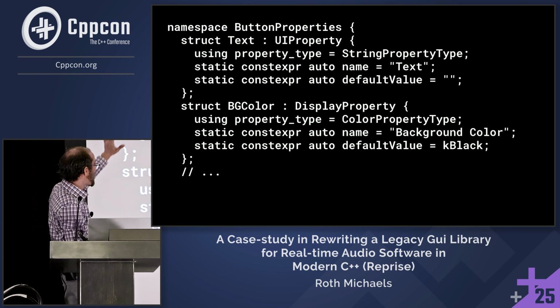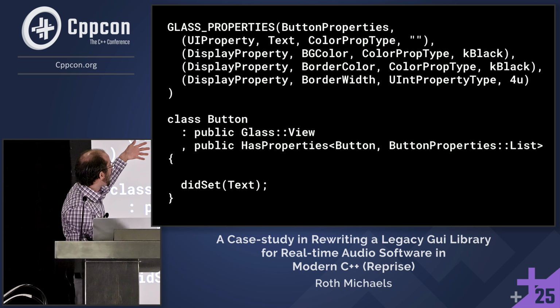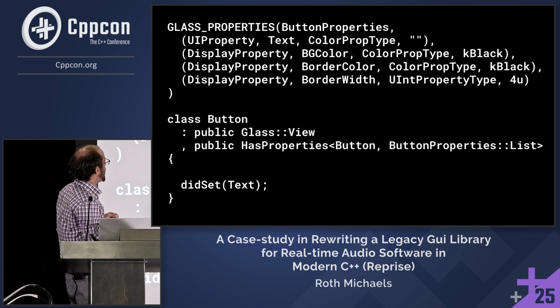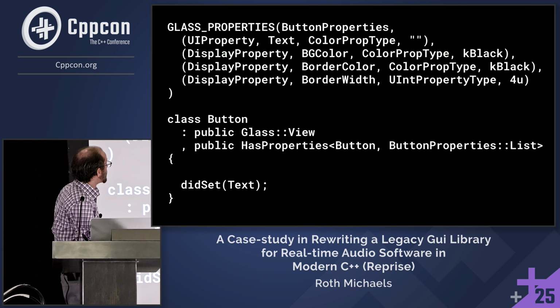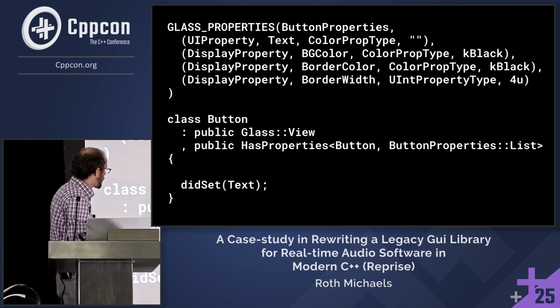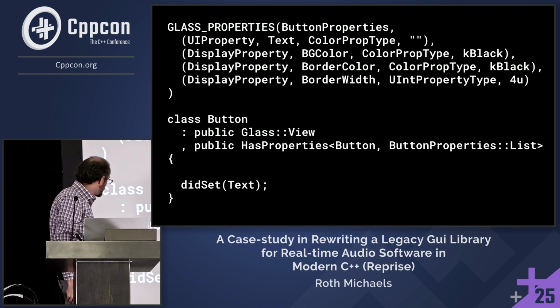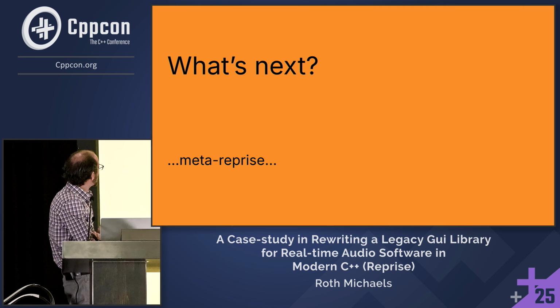So if you want to do some metaprograms, you might do this by hand. But we made this nice little macro that will essentially expand out to all this stuff so you can much more concisely say things and don't even necessarily need to provide names for things because the macro can do this for you as well. And again, remember I said the didSet just takes the property type as an argument for the overload resolution.